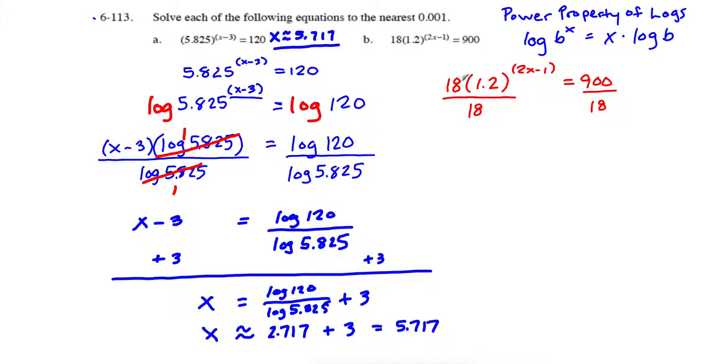When we do that, our 18s are going to divide and give us 1 over 1. So we're going to have 1.2 raised to the power of 2x minus 1 equals 900 divided by 18. So 900 divided by 9 would give us 100. If we divide it by twice that amount, we should have half left, so it should be 50.